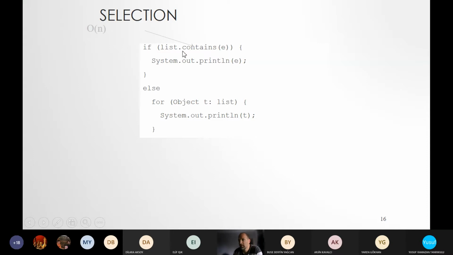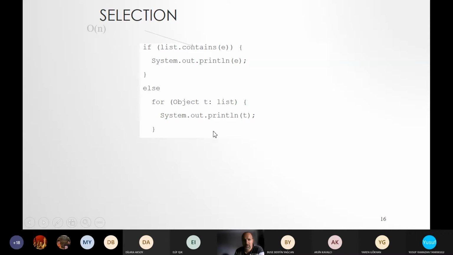So that's going to take big O of n time to test. Then what's inside of the if statement is constant time. It doesn't matter how big the list is, we can print out element E in constant time. The other side of that if statement, we're going to go through each object in the list and print it out.